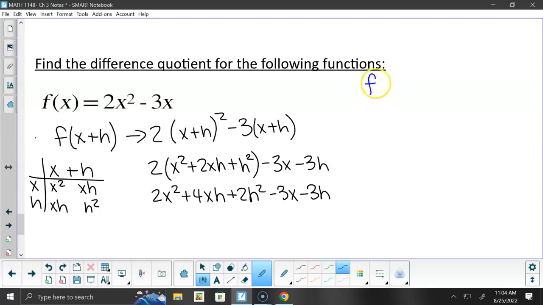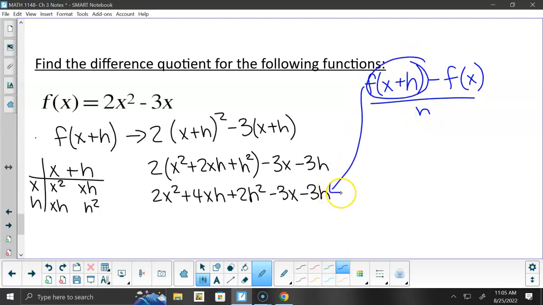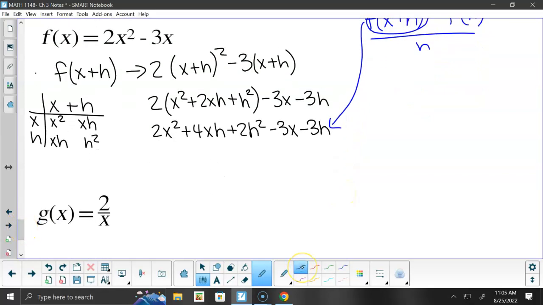Okay. So I've already done that part, and I got it. I'm going to go minus my original equation.